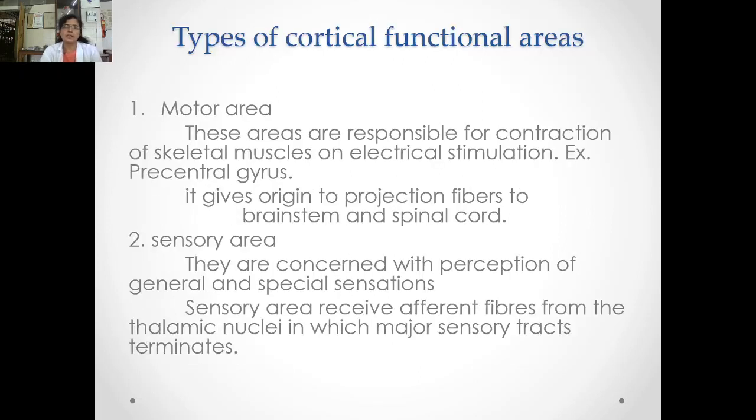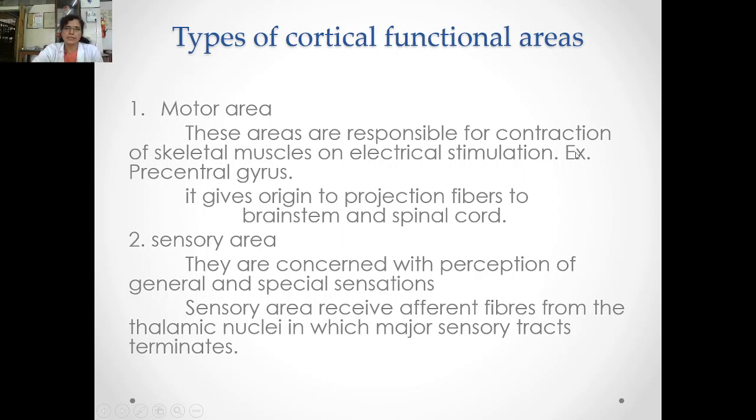Types of functional areas in the cerebral cortex. There are three main types of areas: motor area, sensory area and association area. The motor area of the cerebral cortex is responsible for contraction of skeletal muscles on electrical stimulation of the contralateral side.